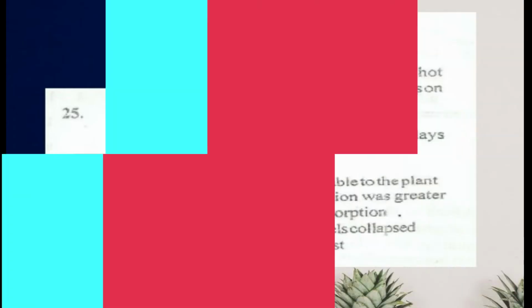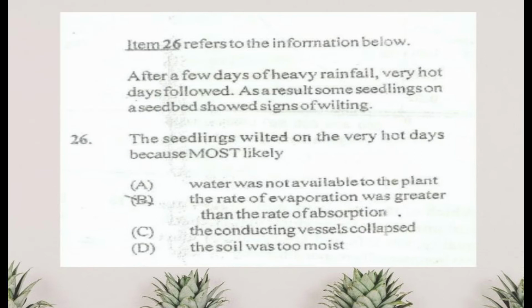Number 26. Item 26 refers to the information below. After a few days of heavy rainfall, very hot days followed. As a result, some seedlings on a seedbed showed signs of wilting. The seedlings wilted on the very hot days because most likely A. water was not available to the plant.